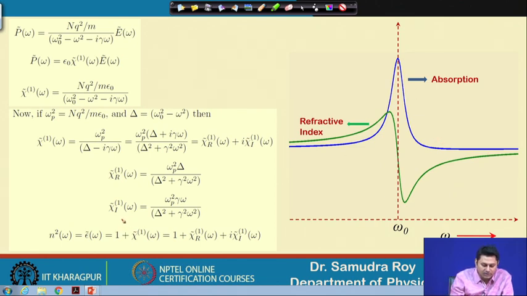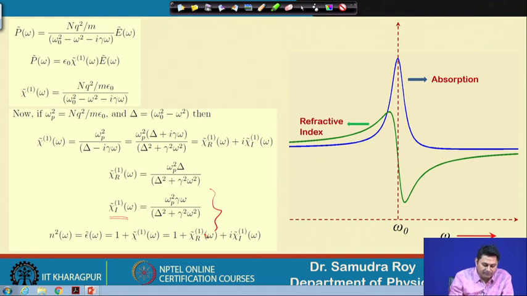Anyway, this is the part of the refractive index we have discussed. At the resonance condition, if I now plot the imaginary part, which gives rise to absorption or loss, we will find an expression we call the Lorentzian expression.